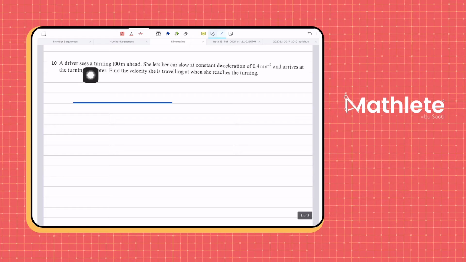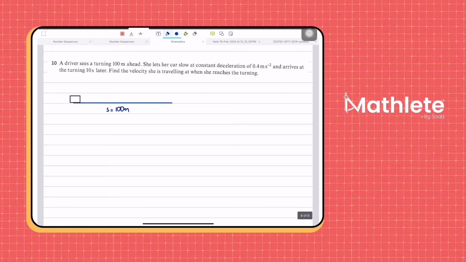So a driver sees a turning 100 meter ahead. So that means if this is where your driver is, then the turning is 100 meters away. Okay? She lets her car slow down at a constant deceleration of 0.4 meter per second square. So by the way, what's 100? 100 is the displacement. Okay?